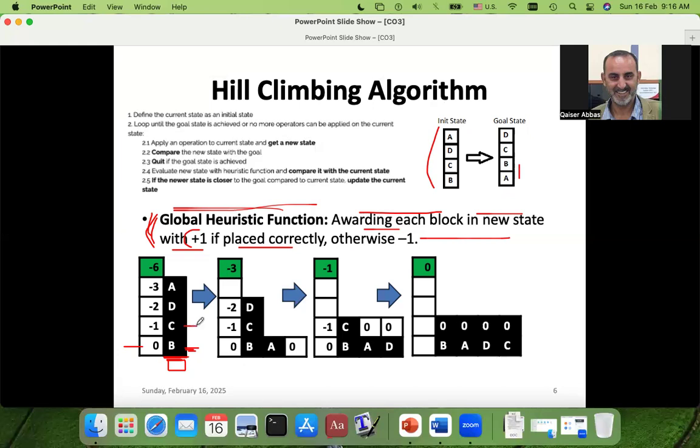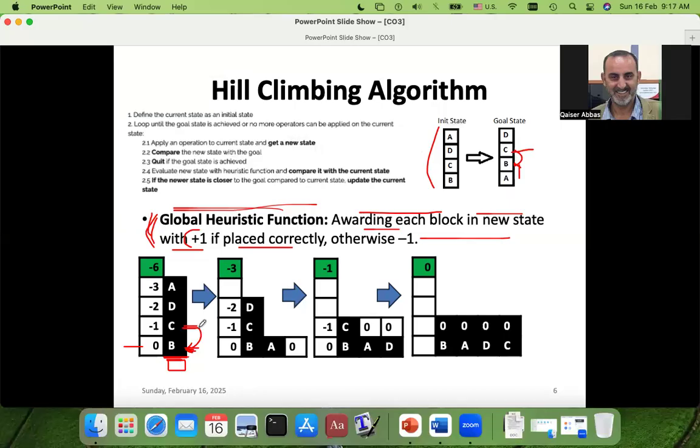Now for the C. C is on B, so C is stacked on B, but there is a difference. For example, here I am checking that C should be on the third level, and here C is on the second level.